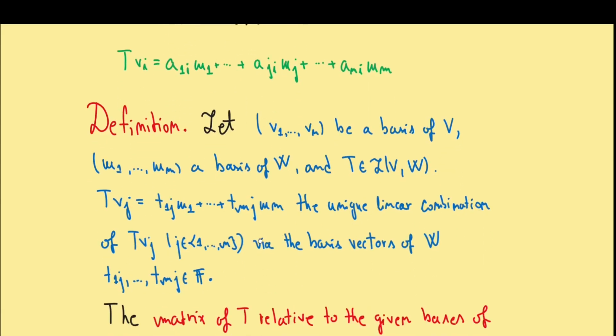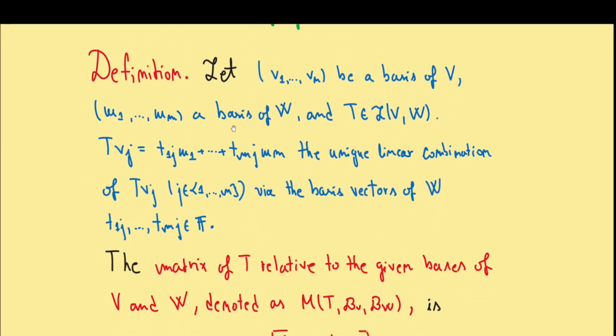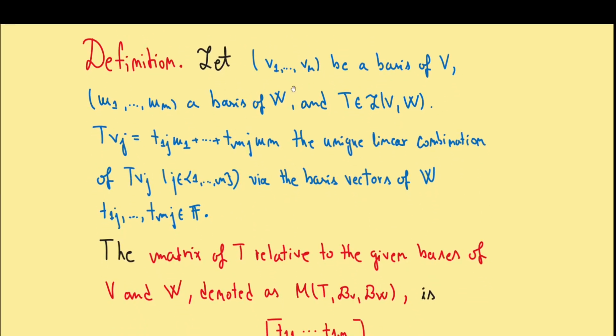And now we define the following. So let this list be a basis of V, and this list be a basis of W, and T some linear transformation from V to W. Now, let T of v_j be equal to this. So this is the unique linear combination of T of v_j expressed via the basis vectors of W. And I denote the scalars like this.